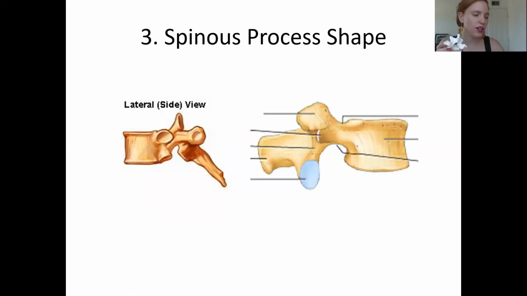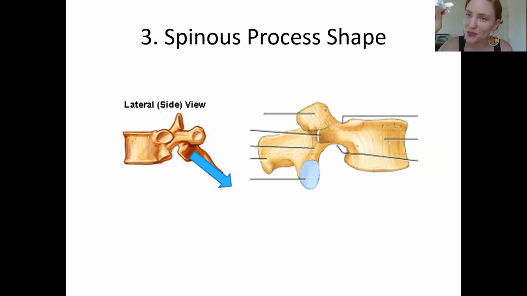The third one we're going to look at is the shape of the spinous process. Okay. For the thoracic, the spinous process, which is this one, is going to be hooked downward. Okay, so it's going to be pointy and it's going to go downward. That is going to be thoracic vertebrae. Whereas when you look at the spinous process of the lumbar vertebrae, it kind of sticks out straight and it's much more square.